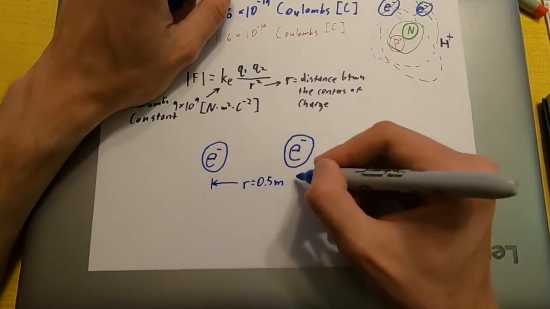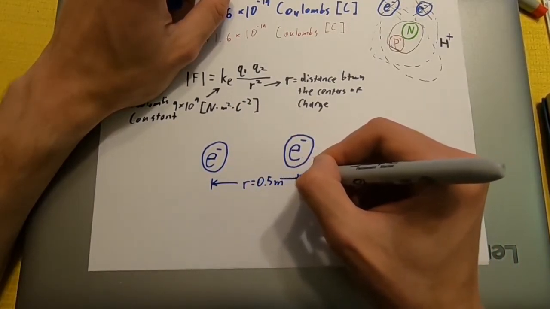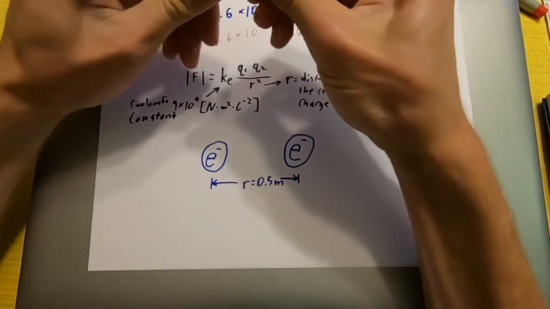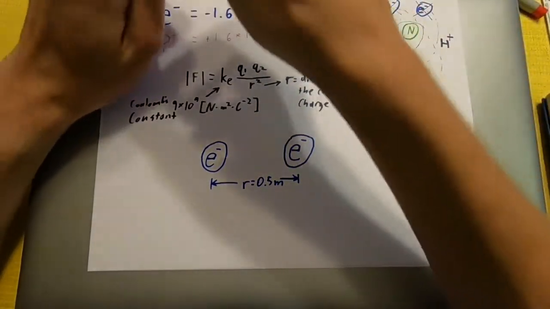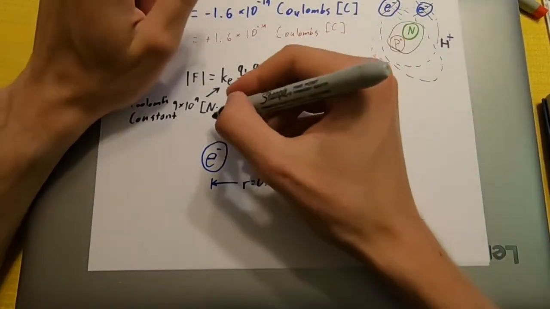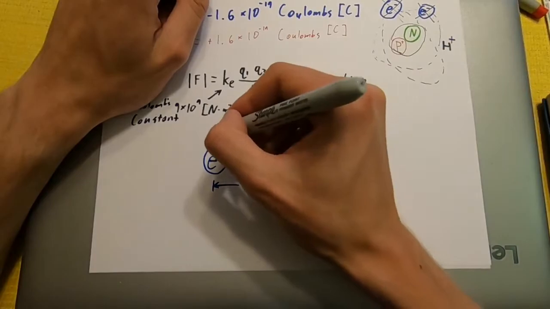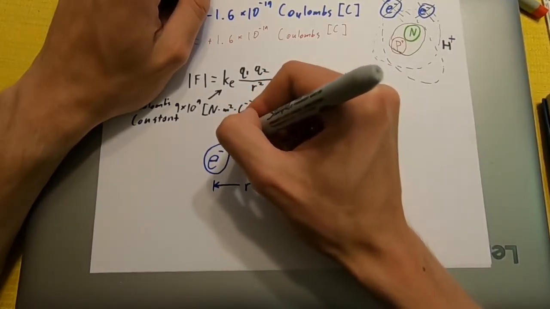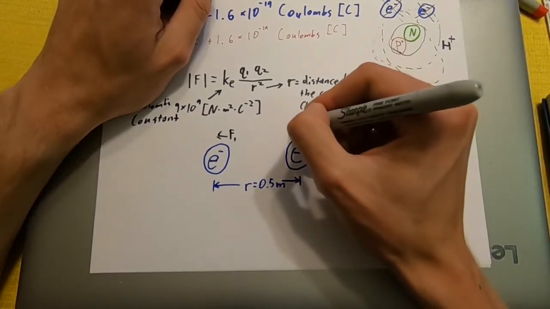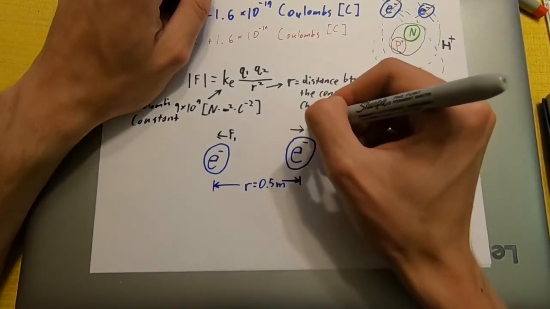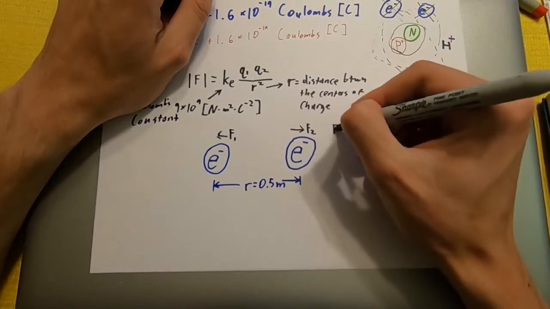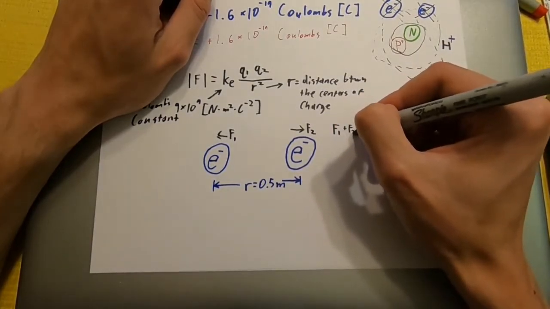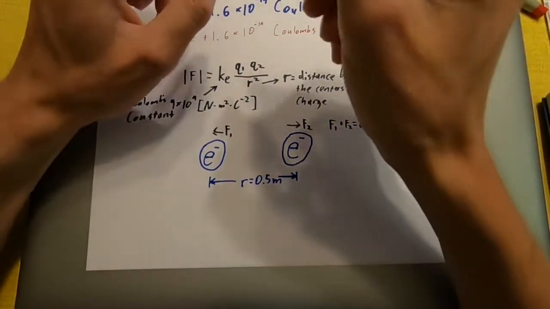That is the distance between their centers of charge. So the forces that each of these electrons feel is going to be equal and opposite. This is the force felt by this electron, F1, and this electron feels an equal and opposite force, F2. So F1 plus F2 equals 0, because they cancel.